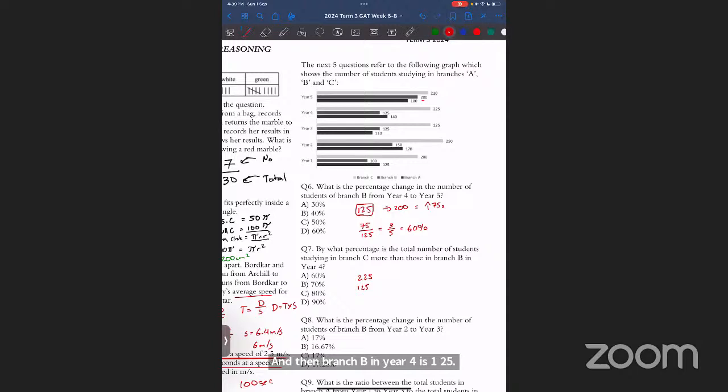What's the difference? The difference is 100 students between them. So what percentage difference is it? It is 100 divided by 125. If you simplify that, you get 4 over 5, which is 80%. So the answer is D.